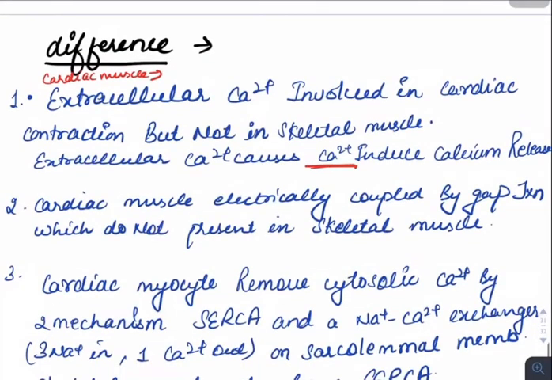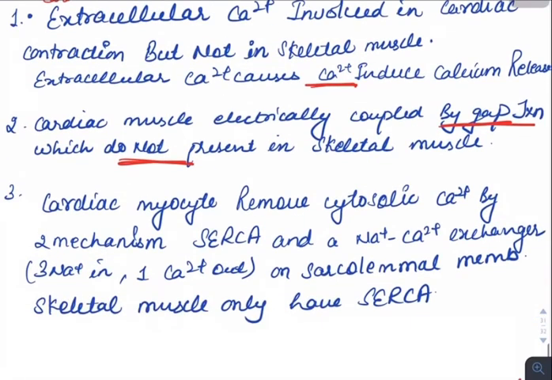Second, cardiac muscle is electrically coupled by gap junctions, and gap junctions are absent in skeletal muscle. Third, the cardiac myocyte removes cytosolic calcium by two mechanisms. The first is SERCA, and the second is the sodium calcium exchanger, through which three sodium ions come in and one calcium goes out.